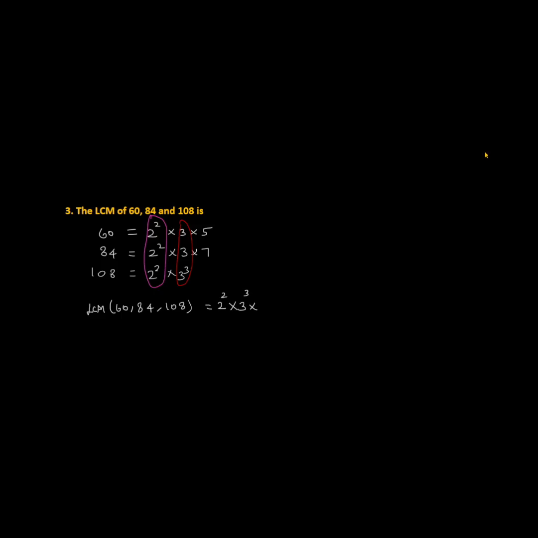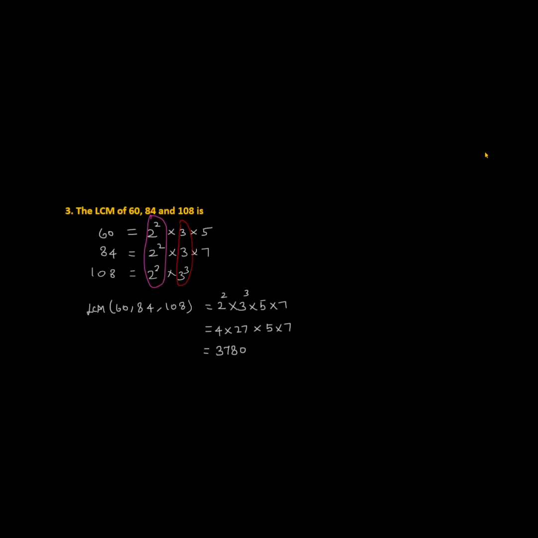Then two non-commons are there, 5 and 7. So we have to include those non-commons also. 4, 27 into 5 into 7. So we will be getting 3780. This is the product, this is the LCM.